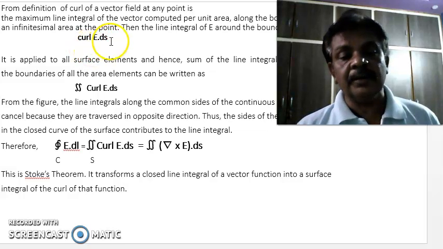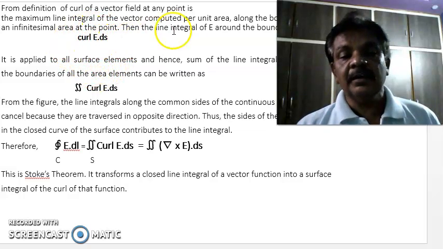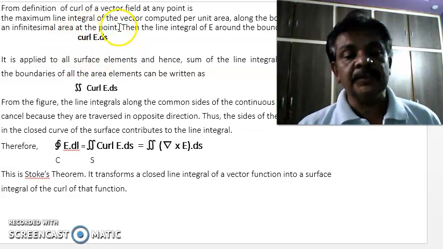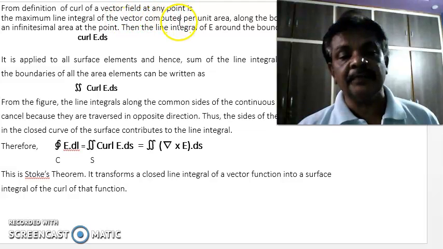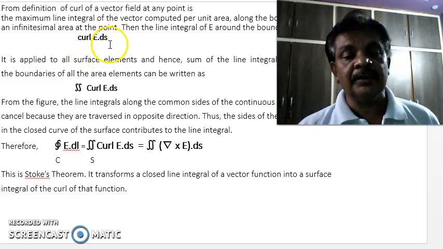So del cross E bar into ds will give the flux from this surface ds, which is equal to the maximum line integral of the vector from the ds area. So the quantity calculated for the ds area is curl E bar dot ds bar.